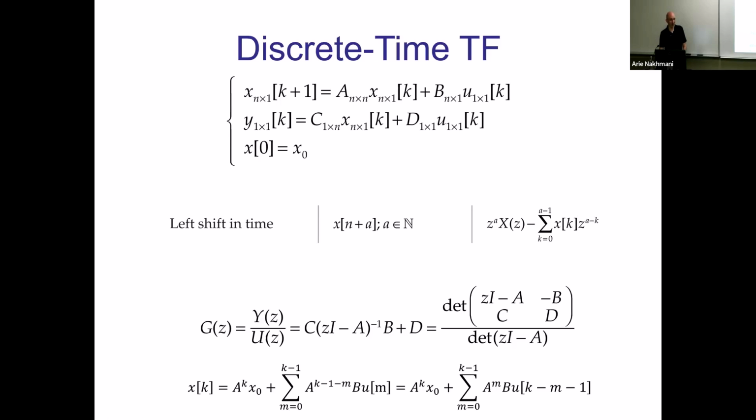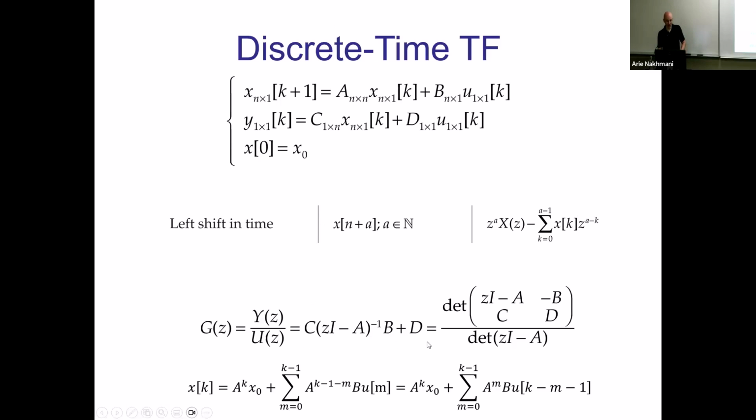That's all you have. So it's very similar to the Laplace transform of a single derivative. It's like z times the z transform of x minus initial conditions. Same thing as with the Laplace transform, right?